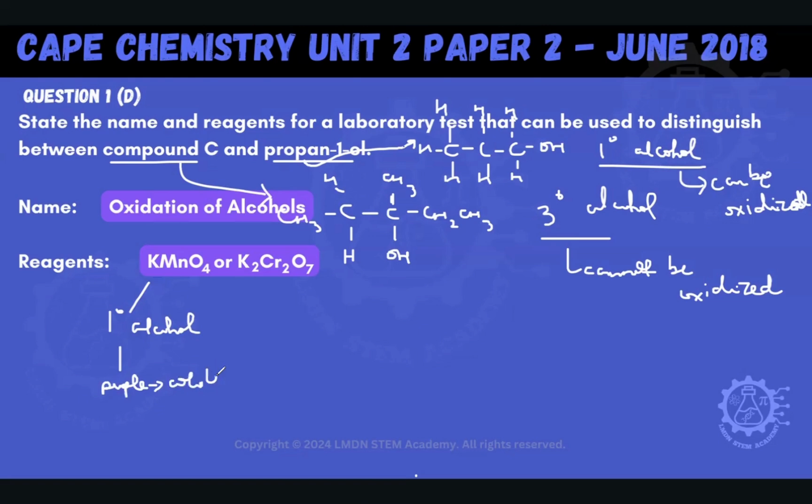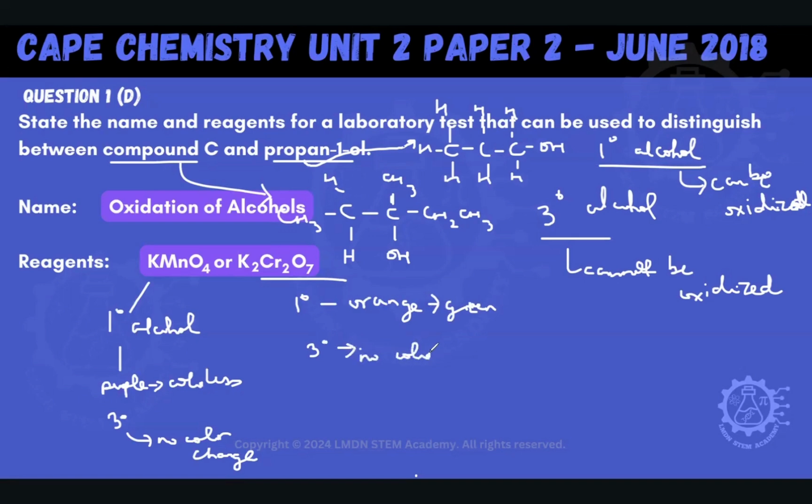That's what I would see if I have, in fact, a primary alcohol. If I have a tertiary, I'm gonna see no color change because there's no oxidation going on in that one. Okay? For the potassium dichromate, if it was a primary, I would go from orange to green. Yeah, that would be my color change. And then, of course, just as we said, there would be no oxidation for the tertiary. And so you would see no color change, okay?